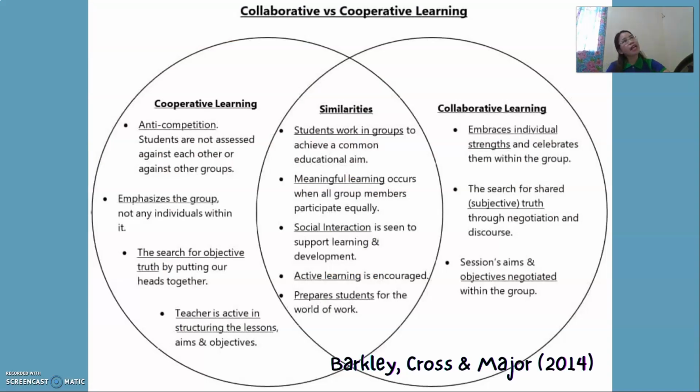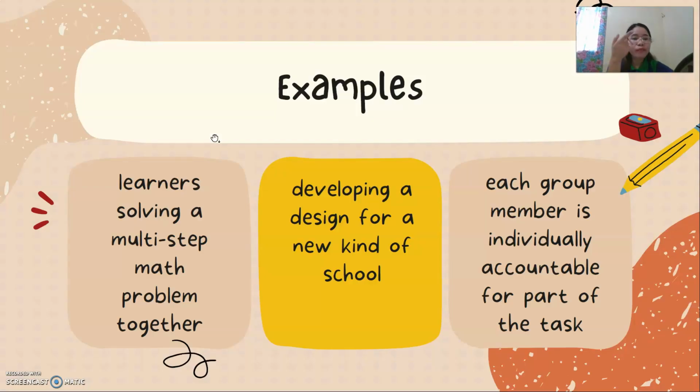Now, sometimes we hear the word collaborative learning. So, what is the difference really between collaborative and cooperative learning? So, in cooperative learning, this is anti-competition. If you can remember in the slide before, each member is held accountable for part of the task, meaning to say, if member number one does not complete the task given at his hand, the work of the whole group will be jeopardized.